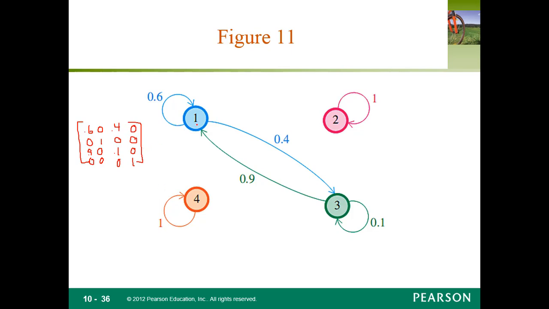And the answer is no, because these two are only going between two non-absorbing states. So it is impossible to enter into an absorbing state in this case. Okay, so in this case, this is not an absorbing Markov chain. Okay, this is a non-absorbing Markov chain.